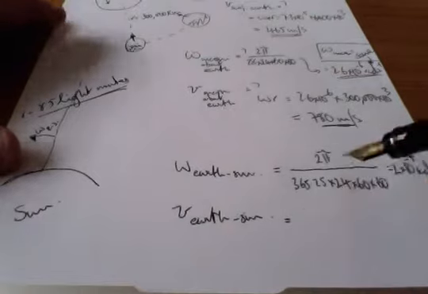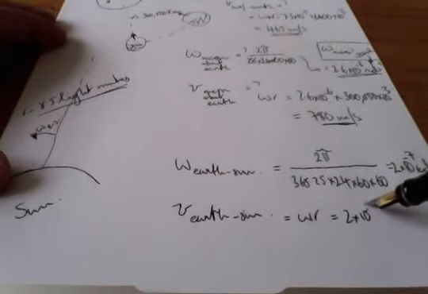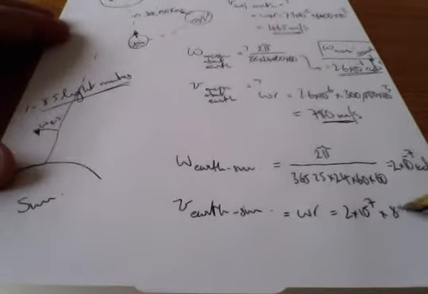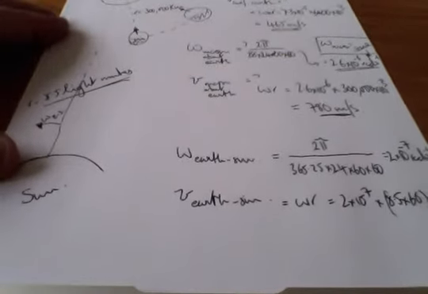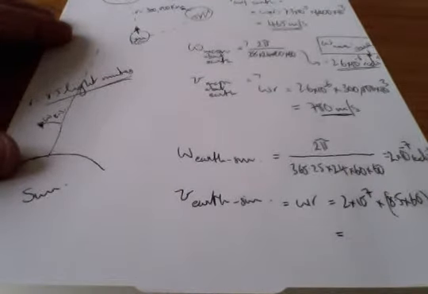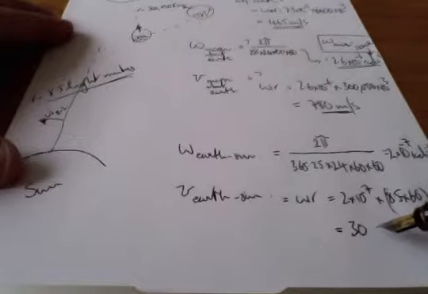What about the velocity? Well, you know it's omega r, which is 2 times 10 to the minus 7 times 8.5 minutes, converted to seconds, and multiplied by the speed of light in meters per second. And that gives us a grand total of 30,000.